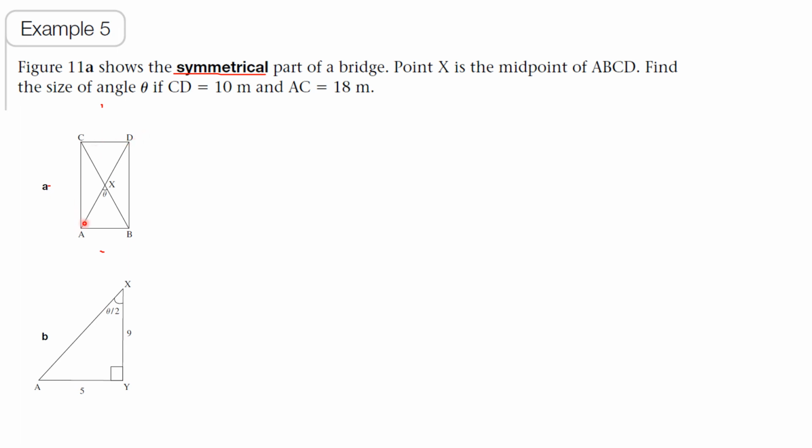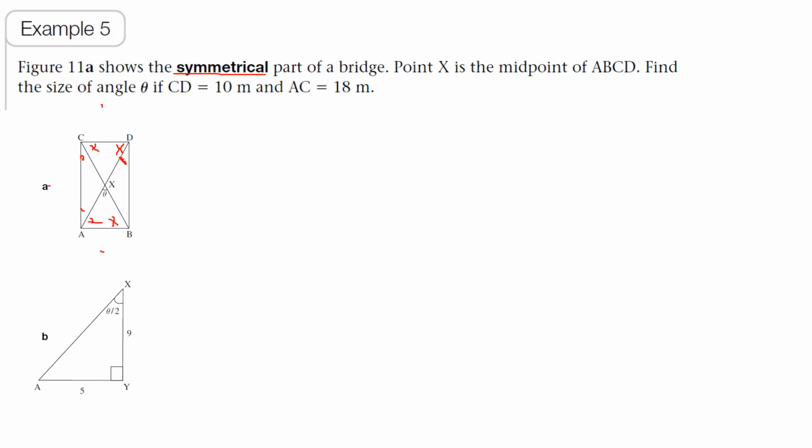Because it cuts symmetrically. So now CA will be equal to DB. So even AB will be equal to CB. So that means now the angle here, angle at C, will be equal to the angle at D. And then the angle here will be equal to the angle there. And then even here, the angle here will be equal to this one and this one.